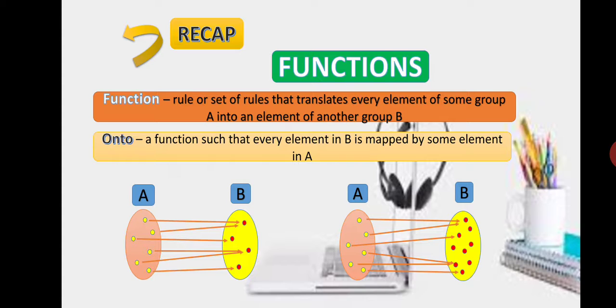Let's say we have group A and group B. We also have a specific type of function, the onto function, which is a function such that every element in B is mapped by some element in A.